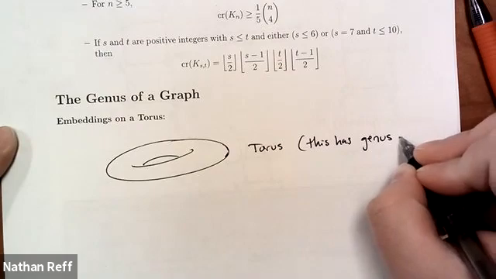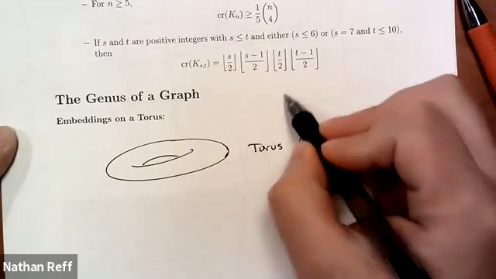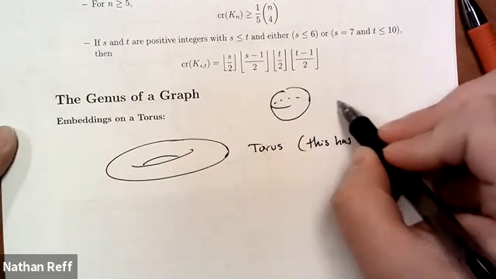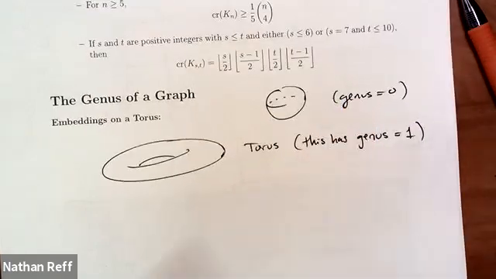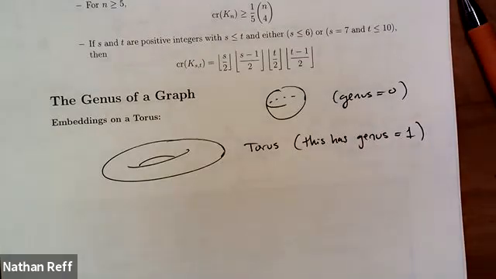So this has genus equal to 1. So a sphere has genus equal to 0. So the genus is kind of like, how many holes does the surface actually have through it? So a donut kind of has this one hole here, okay?